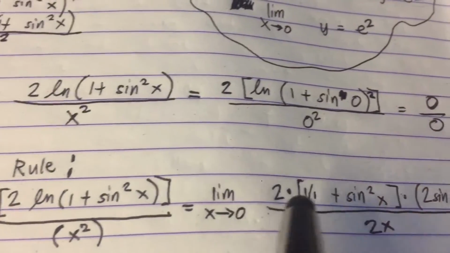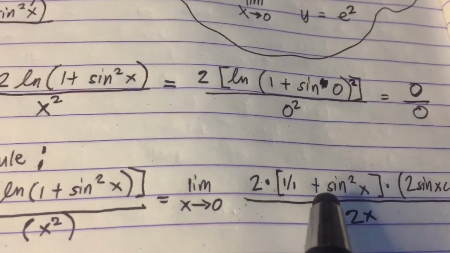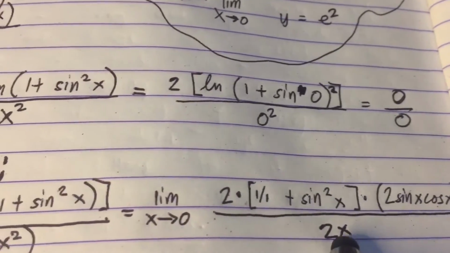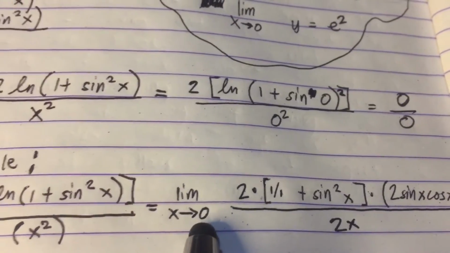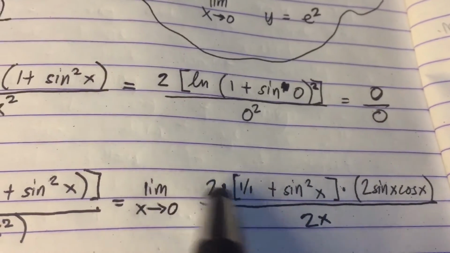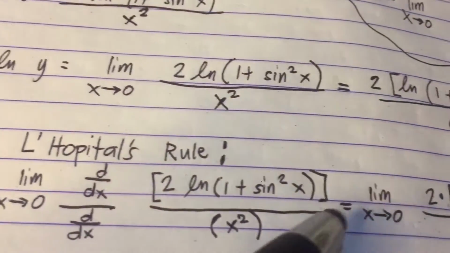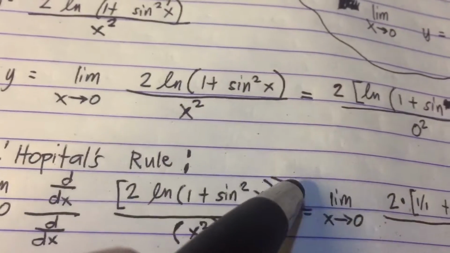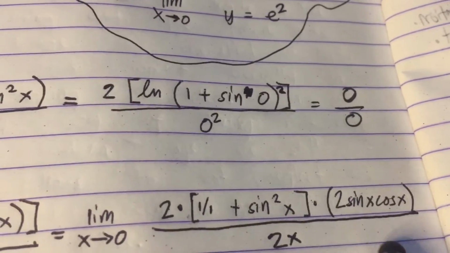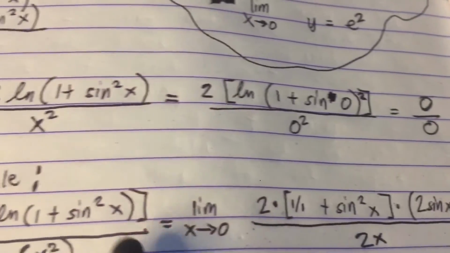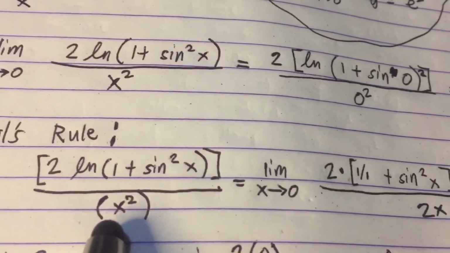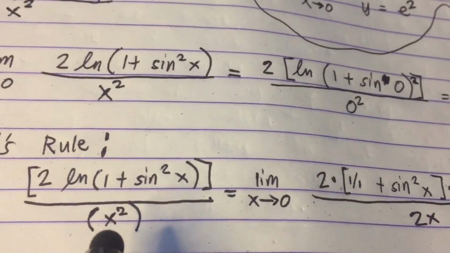So we have here the limit of 2 times 1 over (1 plus sine squared x) times 2 sine x cosine x over 2x as x approaches 0. Why? This one is the derivative of the given function, or the f of x. And this one, 2 sine x cosine x, is the derivative of sine squared x. 2x is the derivative of our denominator, x squared.